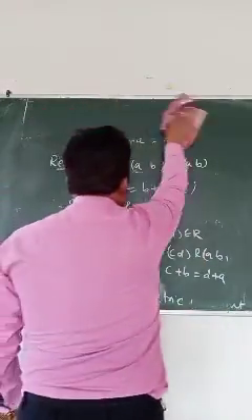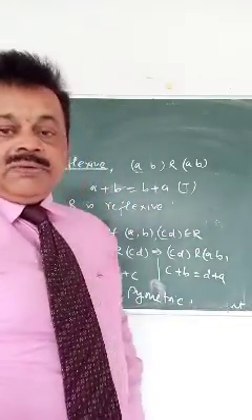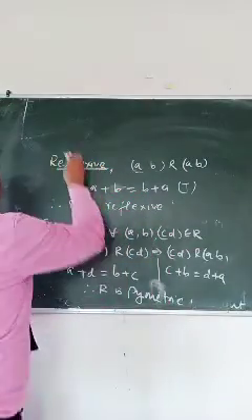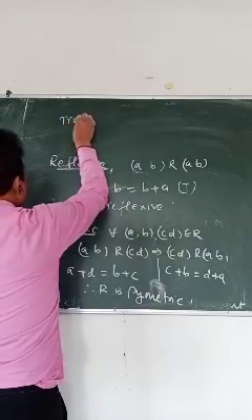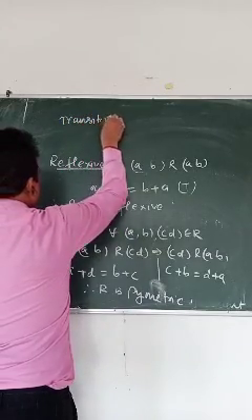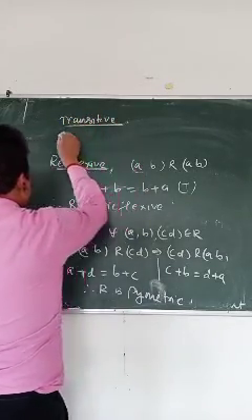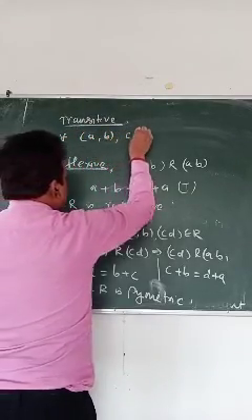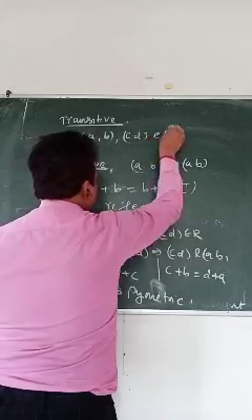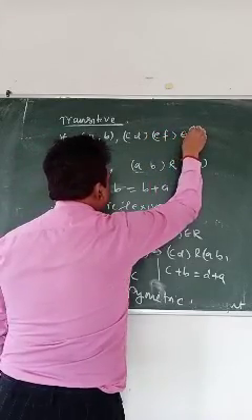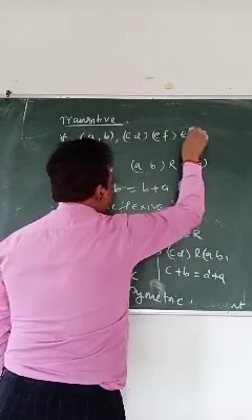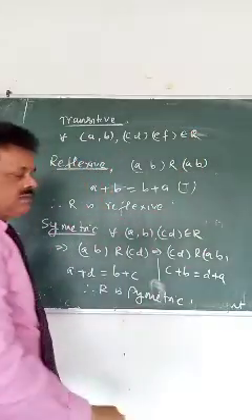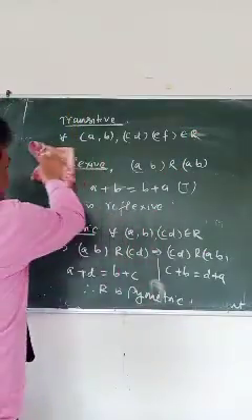Then transitive. Transitive, you need three pairs of element. For all AB, CD, EF belongs to R. R means what? A cross A. Achha. How will you define it?